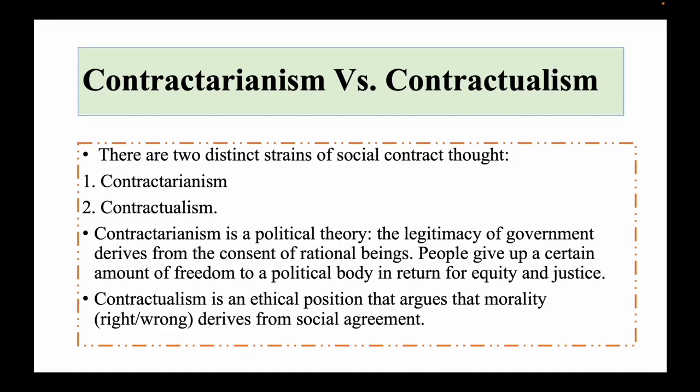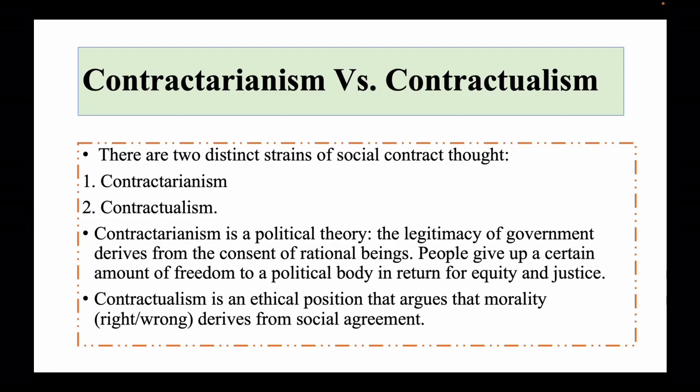So people come together and freely decide that the best and most rational course of action to live in a society is to give up their freedom in return for protection from a political body, whether that body is a king or a ruler or a group of politicians. But this political body makes sure that there's equity and justice for all.